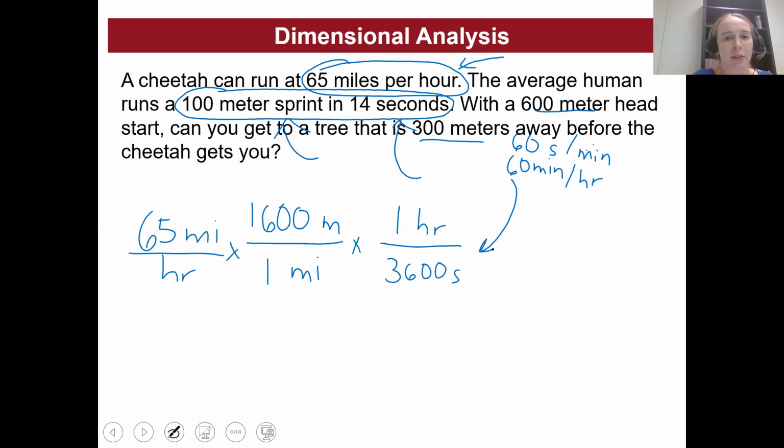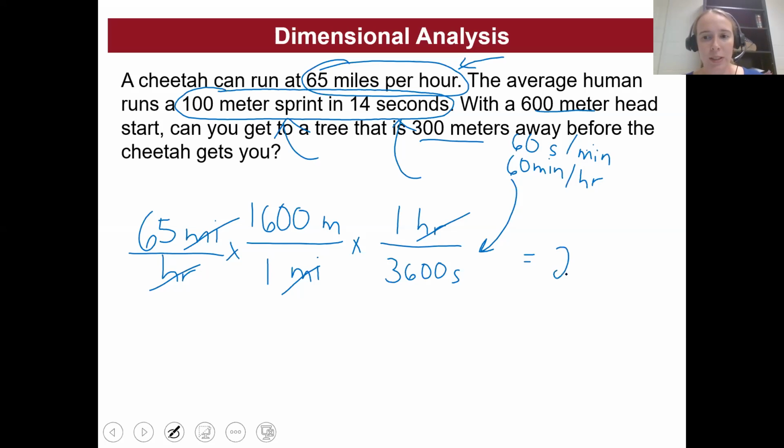All right, so we canceled out miles, miles on top, miles on the bottom. We canceled out hours, hours on top, hours on the bottom. And what do we get for this? How fast does our cheetah run in meters per second? So we're going to plug this into the calculator. 65 times 1,600 divided by 3,600.